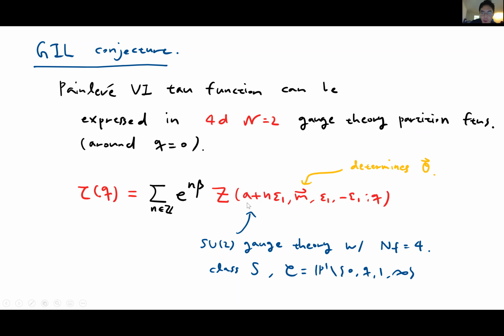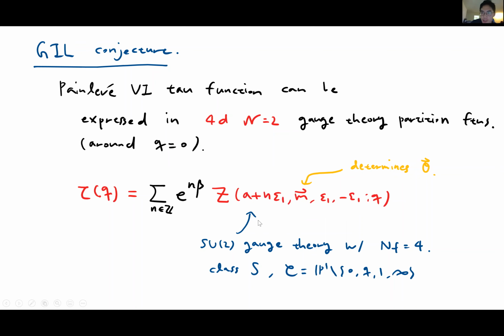And this a is the Coulomb modulus of the gauge theory, but it's integer shifted by this n epsilon_1. m are the masses of the hypermultiplets. Epsilon_1 and minus epsilon_1 here are the Omega background parameters. And Q is the gauge coupling.